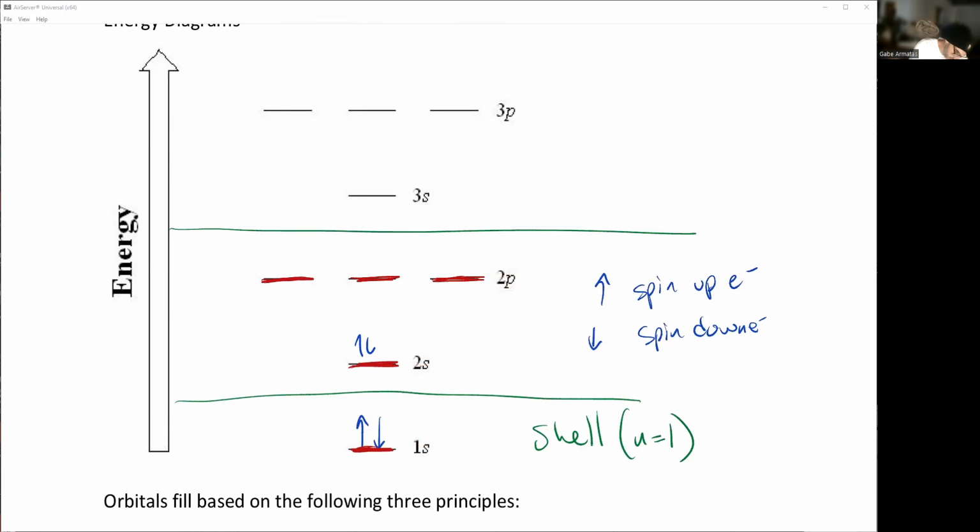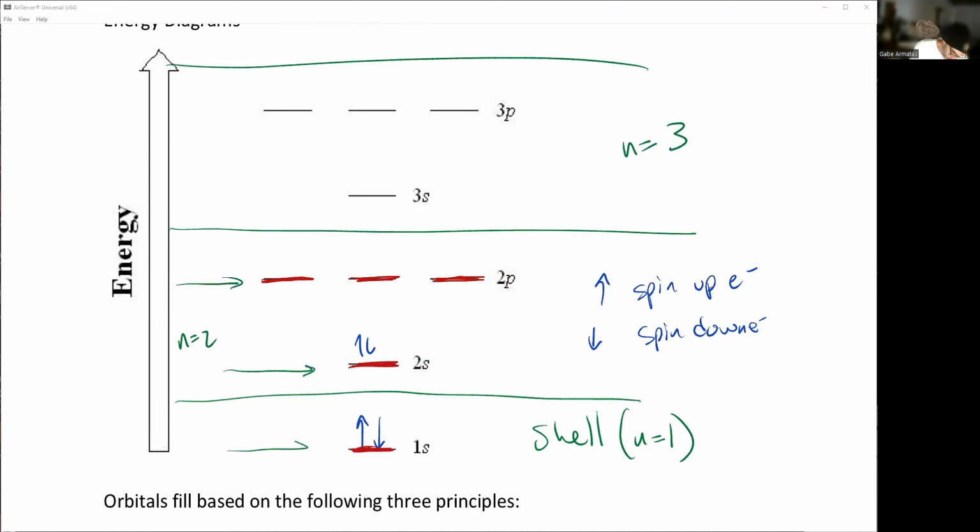This shell is equal to n equals 2, and this shell n equals 3. These little parts here are my subshells. Subshell 1s, subshell 2s, subshell 2p, and then these individual things are known as orbitals. An orbital can always hold 2 electrons, and that's it.